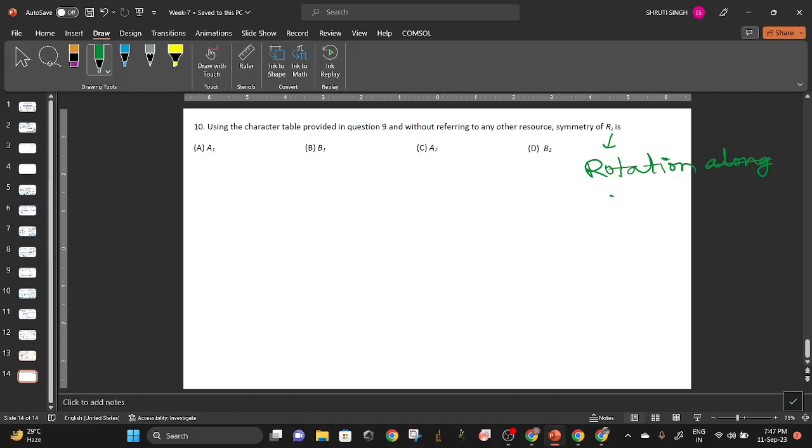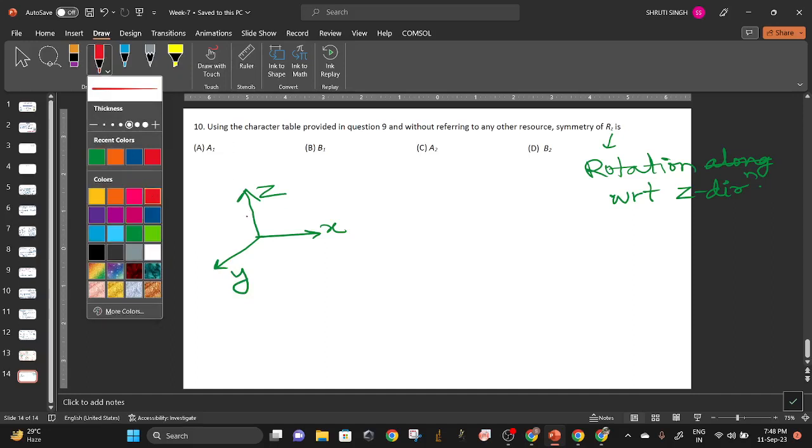Rotation with respect to the z direction. How will we denote this?